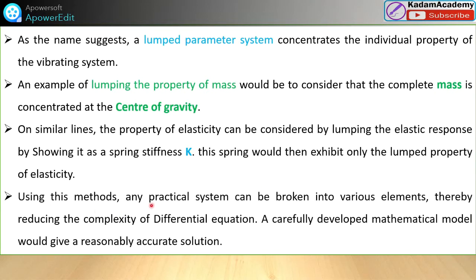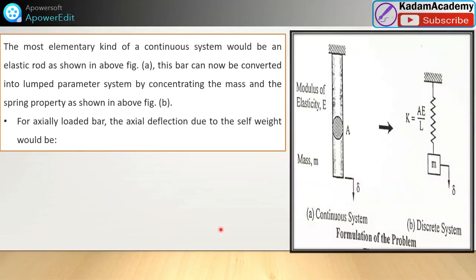Using this method, any practical system can be broken into various elements, thereby reducing the complexity of the differential equation, and careful development of the mathematical model would give a reasonably accurate solution. See, if we write one equation for this continuous system, that equation may be difficult to solve, but for this system it is very simple. The differential equation is easily obtained.